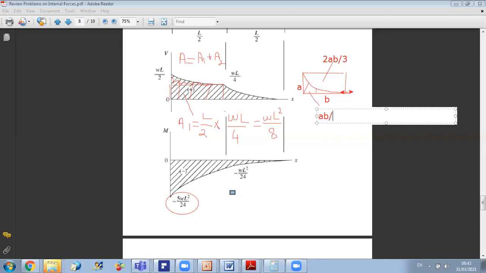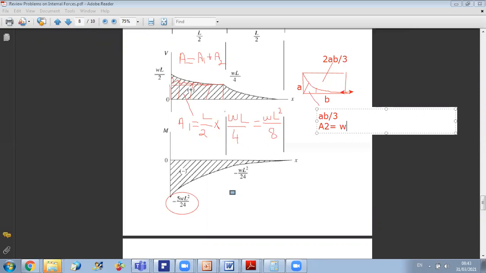In our case, A2 is equal to, here the value of B is L over 2. The value of A is this part, okay, which is omega L over 2 minus omega L over 4. So it's omega L over 2.